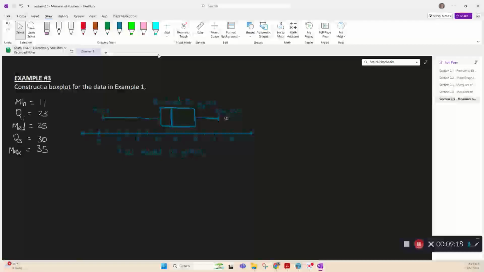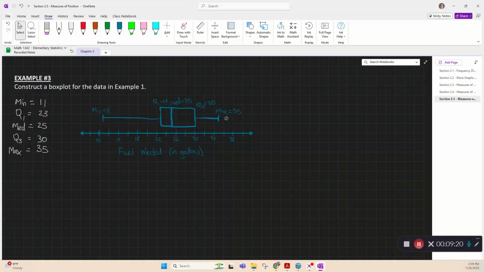Okay. So from the box plot, and the 5-number summary, as it were, we can actually get another bit of information. So let's do a little definition here for the interquartile range.